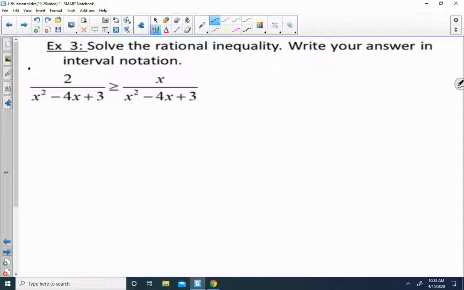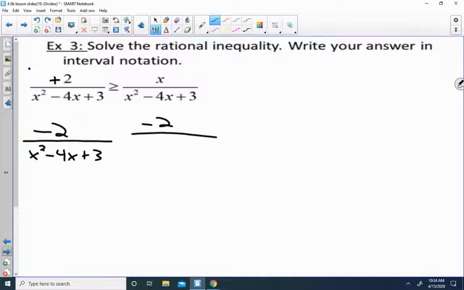So when I'm moving this fraction over, notice at the top is a positive 2. Positive meaning plus, so the opposite operation would be to subtract or minus. So I'm going to subtract the 2 over x² - 4x + 3 from both sides. So minus 2 to the left and to the right. On the left side, positive 2 and negative 2, those will cancel.